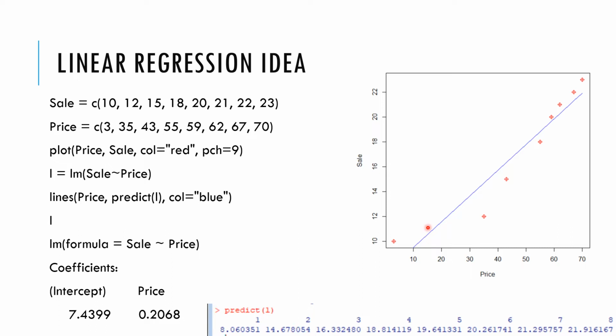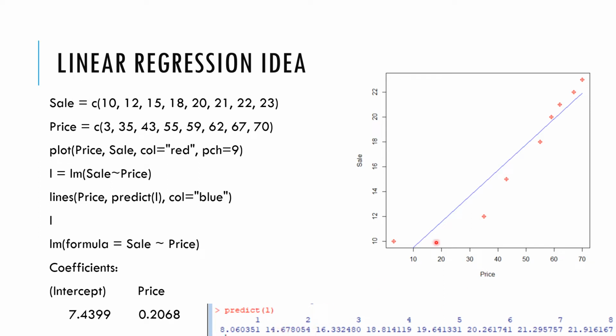Likewise, for the third value, 16, here it is 15, then 18, and here also it is 18, so it's quite accurate. Then 20, 19, 21, 20, 22, 21, 23, 21.9, almost 22. So you see, our model has actually done pretty well.